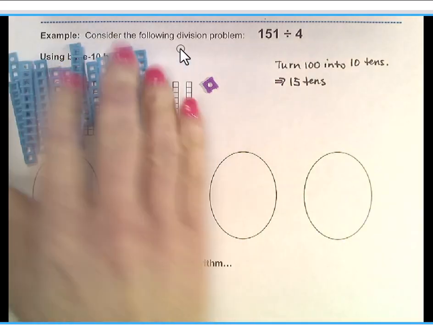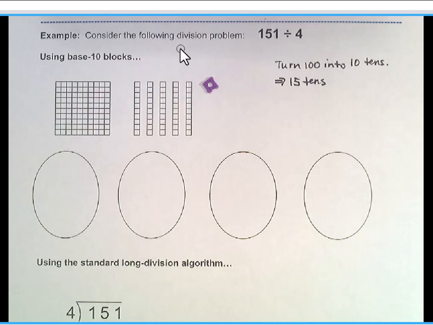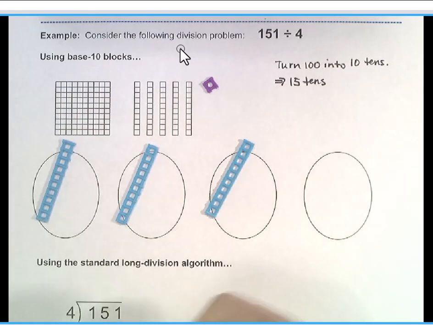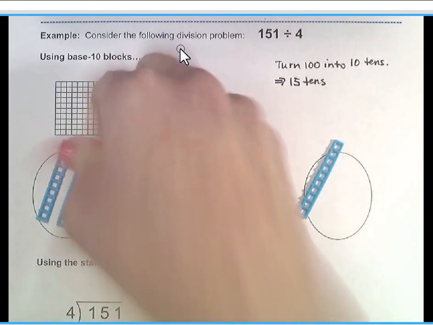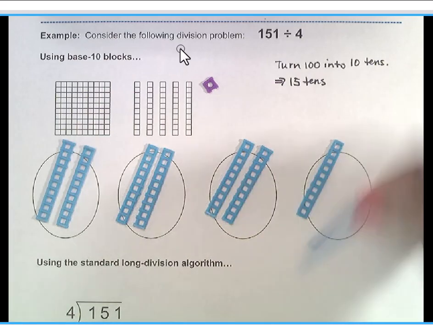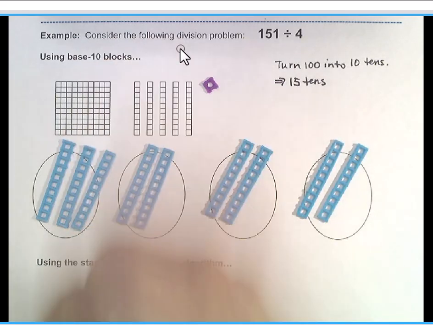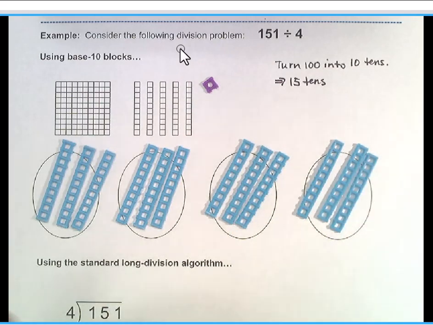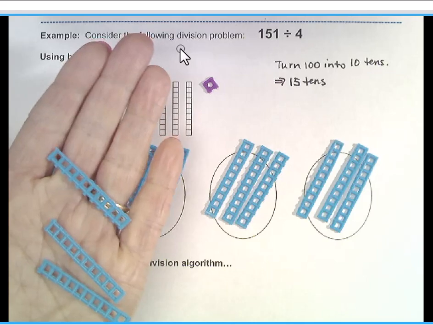So what I'm going to do is pick them up, and then partition them out. So I'm going to go 1, 1, 1 like this. So that's 4, 5, 6, 7, 8, 9, 10, 11, 12, and I've got 3 left in my hand, right?